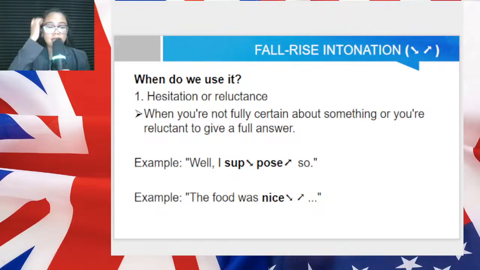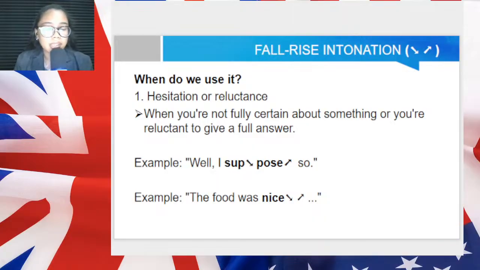So, fall-rise intonation is used when it comes to hesitation, to show hesitation or reluctance, when you're not fully certain about something or you're reluctant to give a full answer.